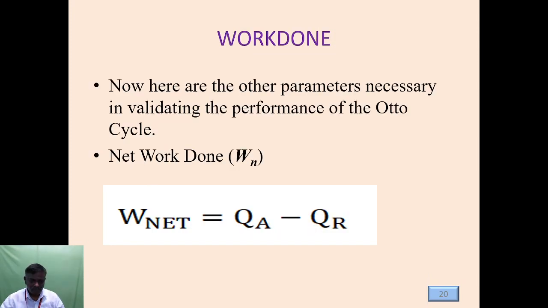Work done. Now here are the other parameters necessary for validating the performance of the Otto cycle. To analyze the efficiency of the Otto cycle, we need the net work done of that cycle. Net work done W net equals heat supplied minus heat rejected.